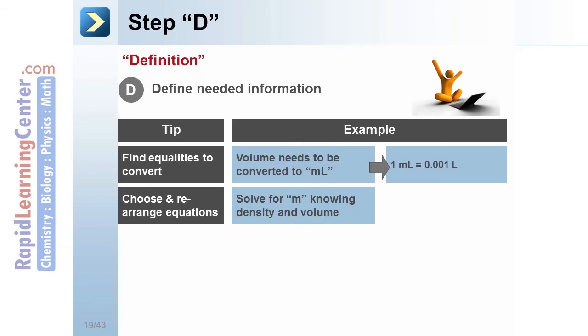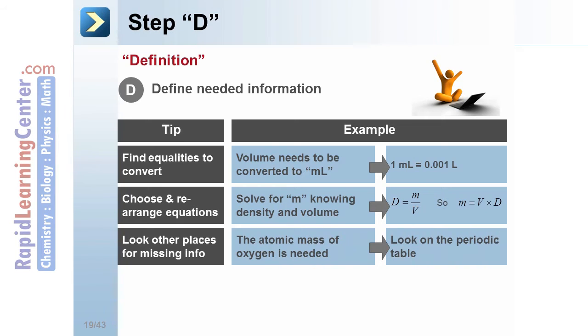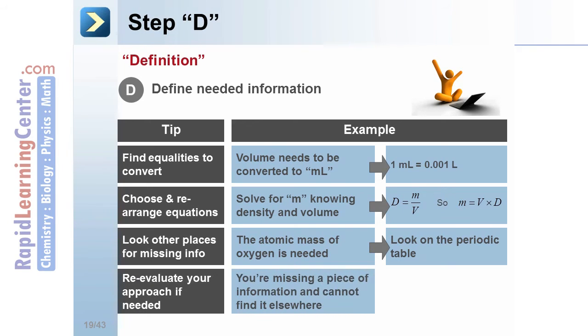When working on a density problem, first choose the correct equation and then rearrange it to solve for the unknown variable. If you can't find enough information, try looking in other places, such as the periodic table. If you still can't find enough information, try re-evaluating your approach. Maybe there's a better way to attack the problem.